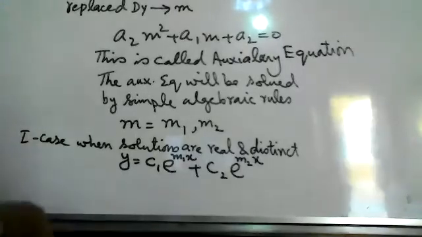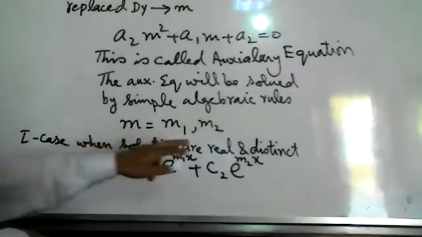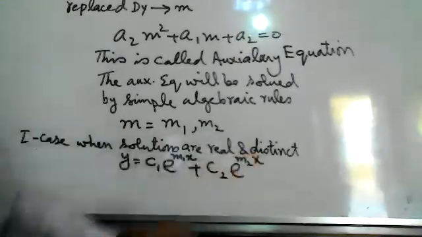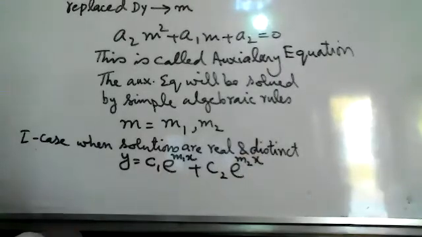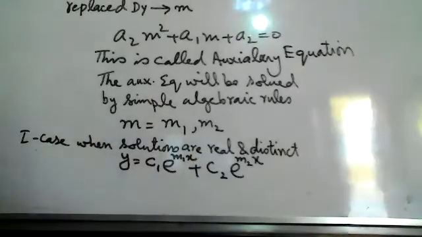The second case, when the answers are real but equal, they are not two distinct answers. There is only one answer. So that is real and only one answer, so real and equal.